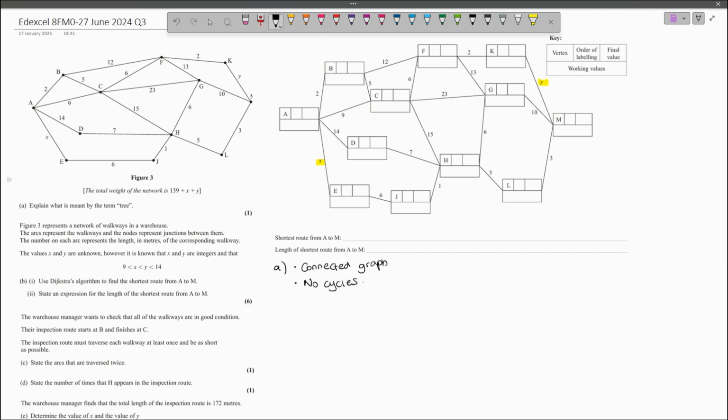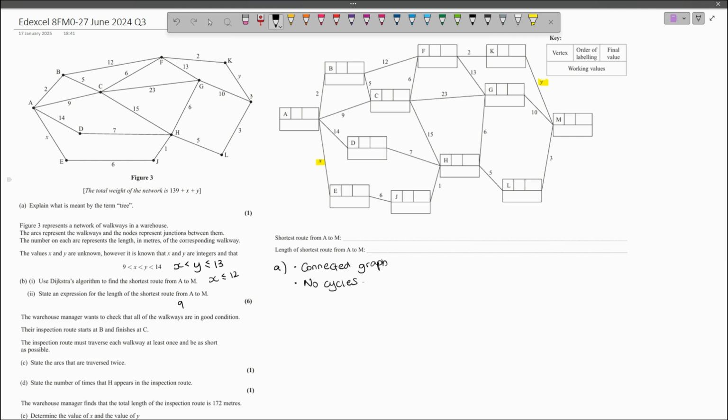So we know that y must be smaller than or equal to 13, and we know that x must be strictly smaller than y. So we know that x must be smaller than or equal to 12. Similarly, we can go up the other end.